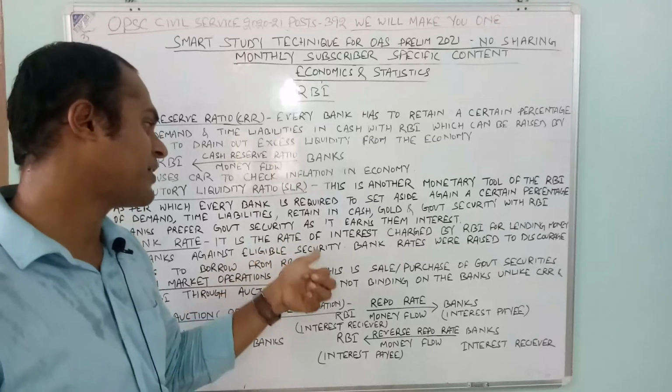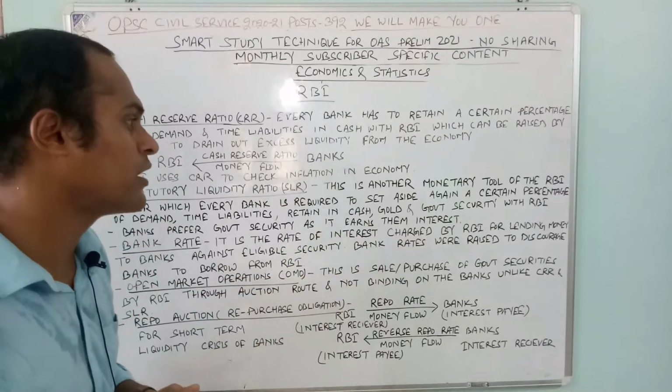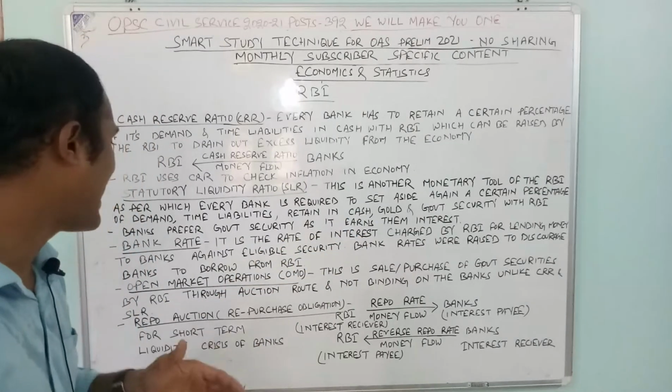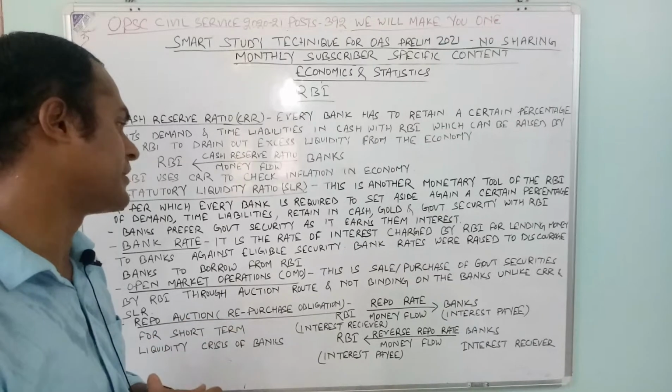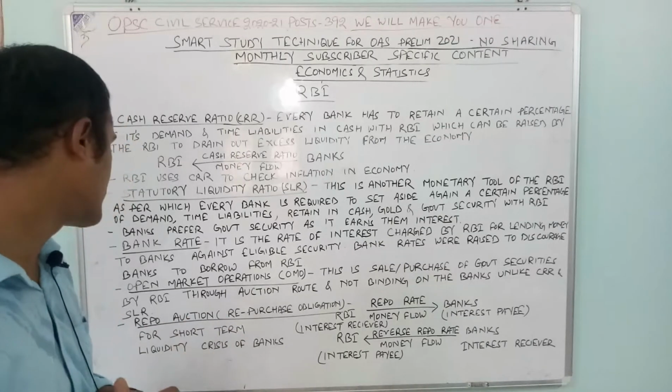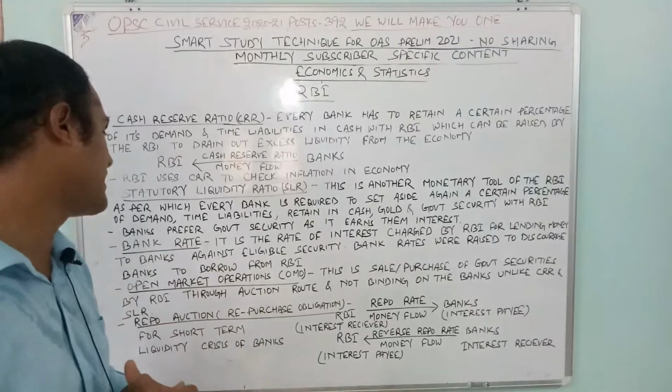Then bank rate. It is the rate of interest charged by the RBI for lending money to banks against eligible security. Bank rates were raised to discourage banks from borrowing from RBI.